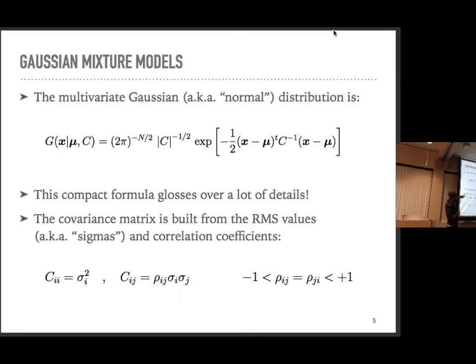And then the covariance matrix. It's almost always more convenient to think of the covariance matrix not just as C_ij, but in terms of the diagonal, where the covariances are just the squares of the sigmas. So basically the RMS value for one of the dimensions in our data space.